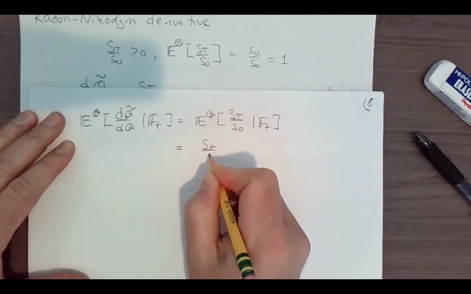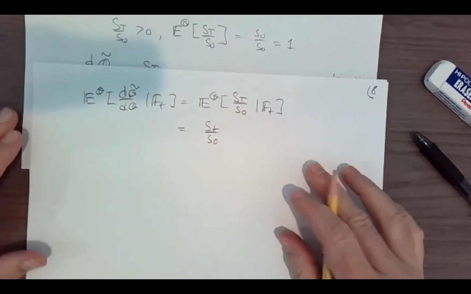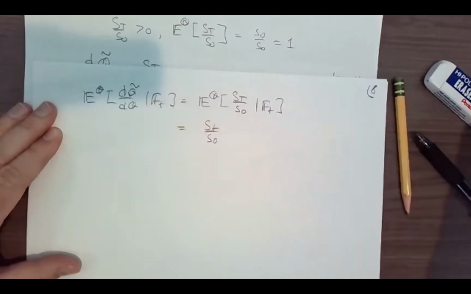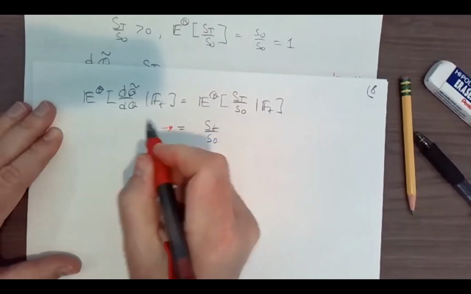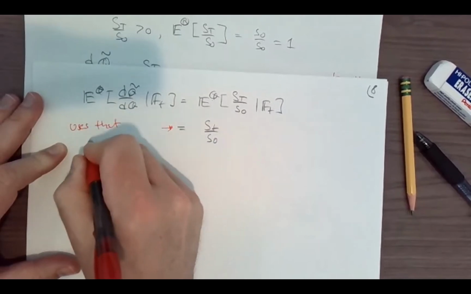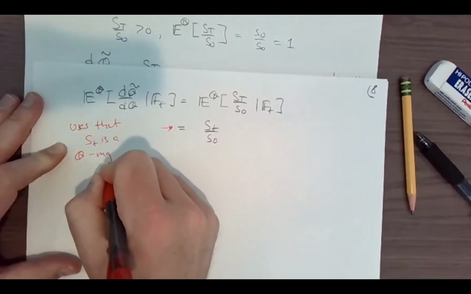So this is S_t over S_0. This is where we used this equality sign here. This uses that S_t is a Q martingale.